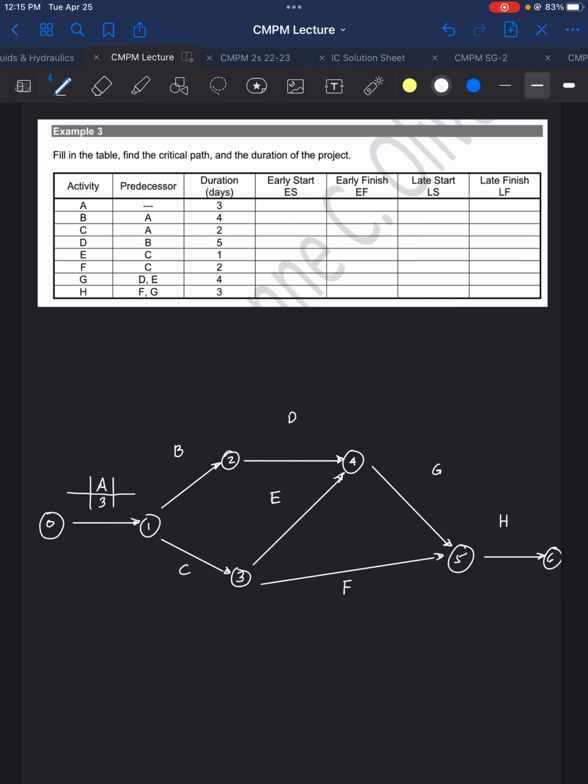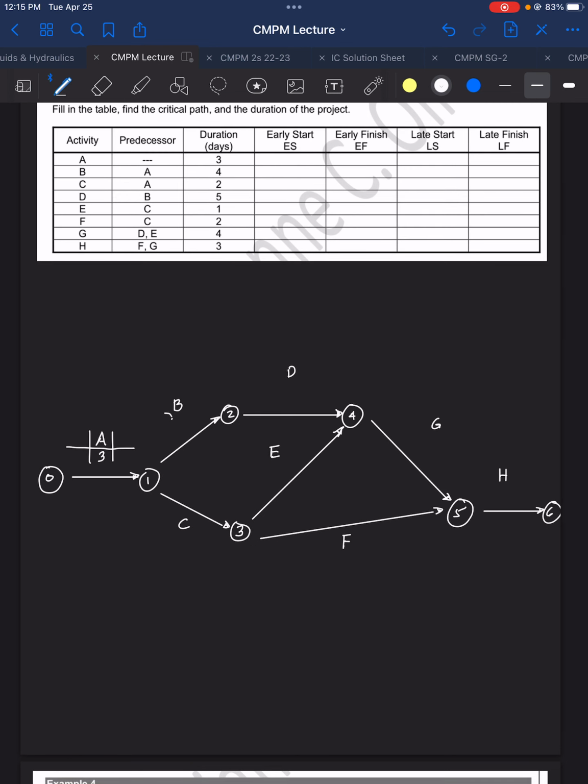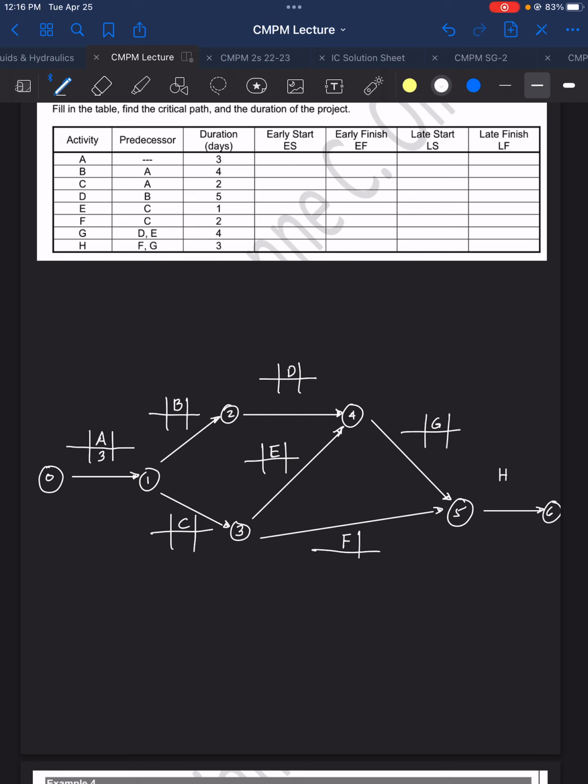Okay, so we were able to draw our network diagram now. So we will determine the critical path. But before that, let's put here the table, a small table. Again, for our orientation, we have here the activity.